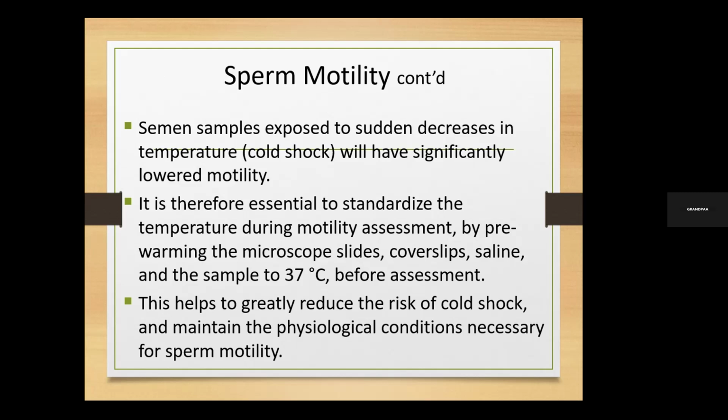We said that once you have a warmer plate at 37 and you're putting your slides and everything, including the sample, on it, you are reducing the risk of cold shock. I've explained already what cold shock is.